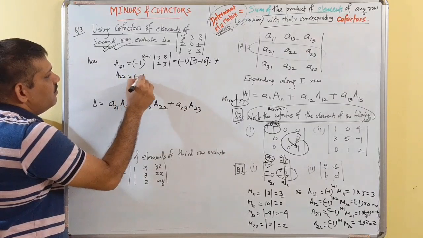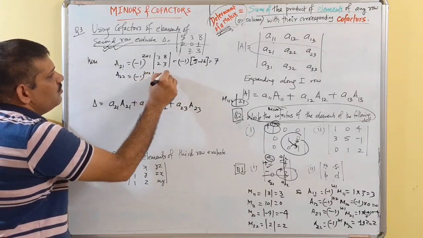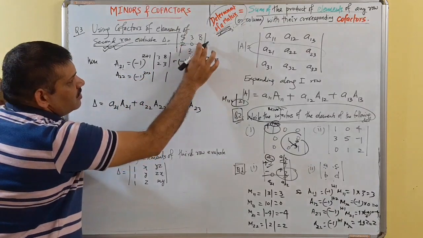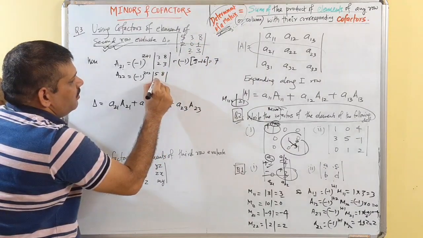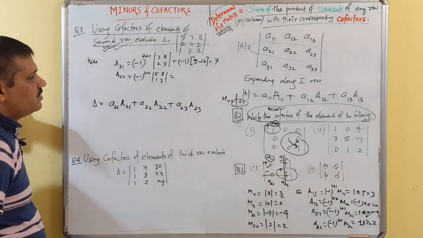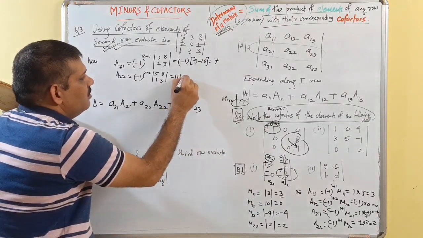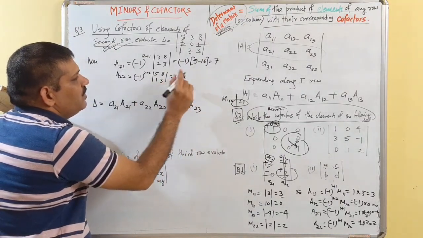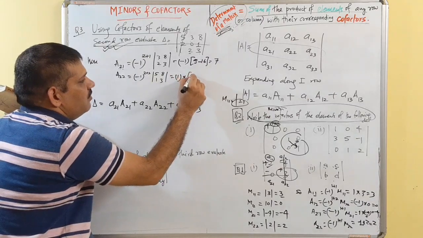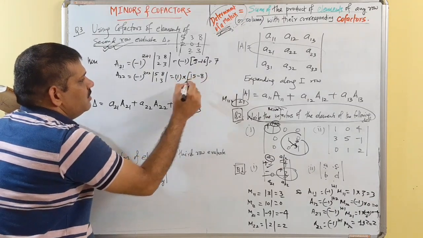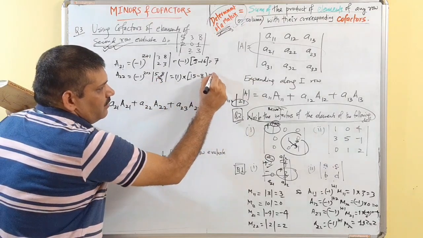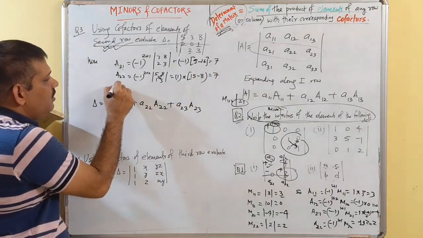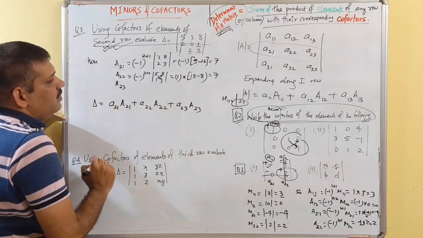A22 is nothing but minus 1 raised to 2 plus 2. We will eliminate this row and this column, so this will give us 5 8 1 3. So obviously it is going to come plus 1 multiplied by 5 3s are 15 minus 8, that is 7. Again A23.